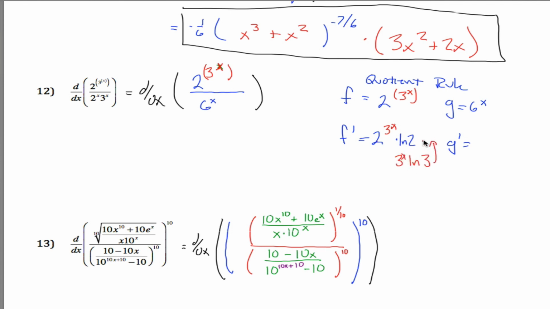That goes right here. And figuring out g prime is sort of the same idea. The derivative of 6 to the x is just 6 to the x times the natural log of 6.